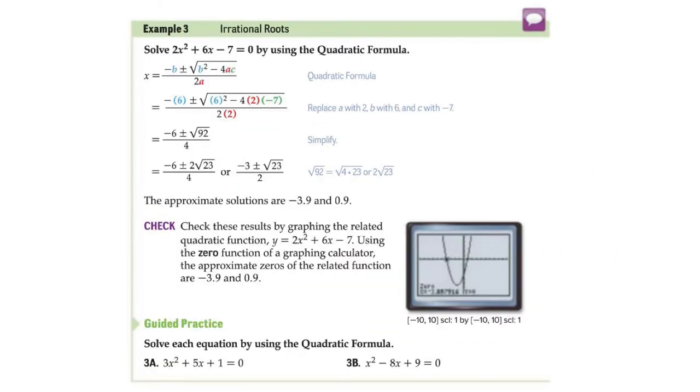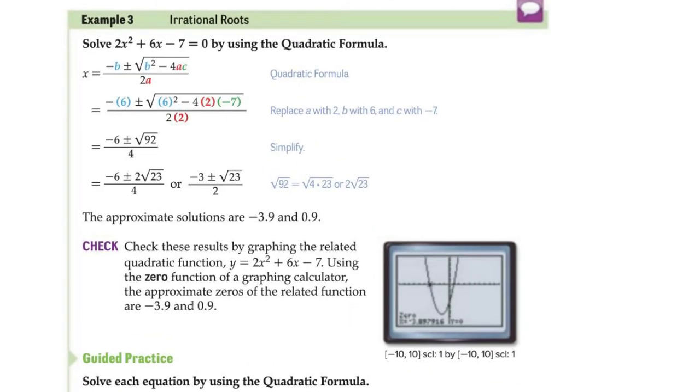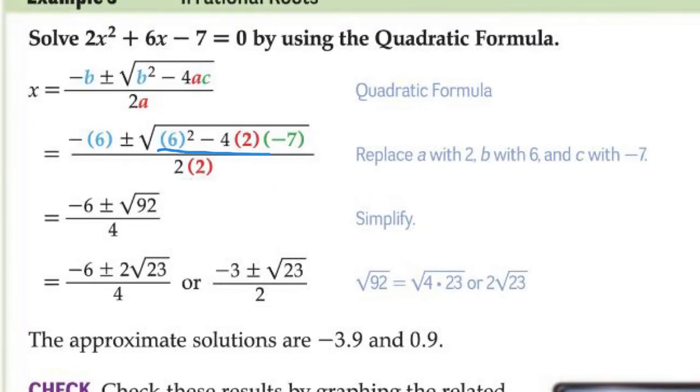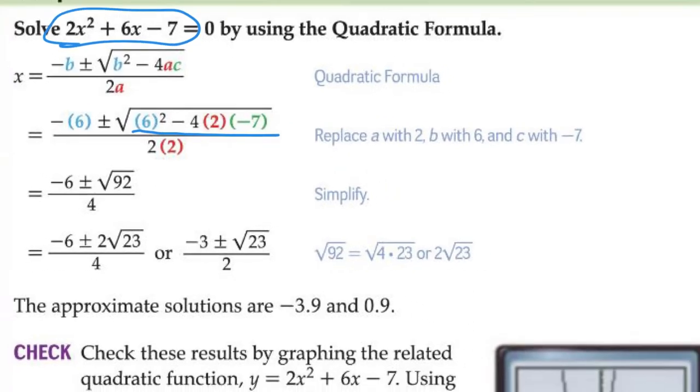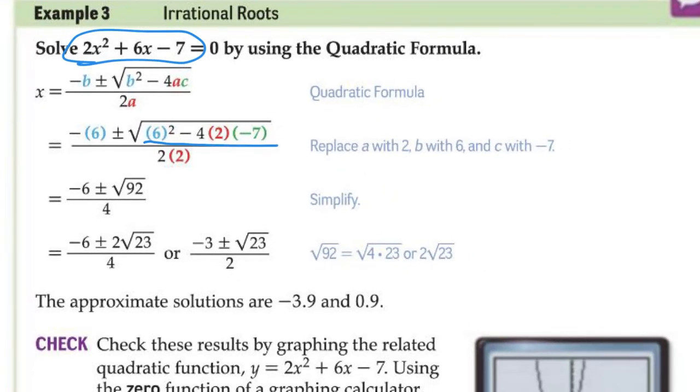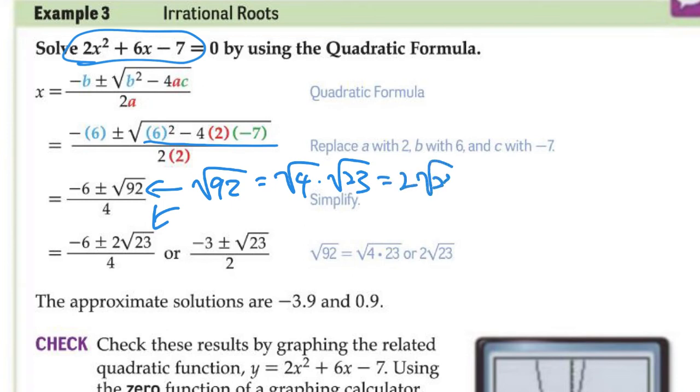Let me go ahead and move on to the next one. In this case, the b squared minus 4ac for this equation ends up with an irrational number. I won't go through that simplifying process here, but make sure you know how to take that 92 and make it equal to square root of 4 times square root of 23, which is 2 root 23.